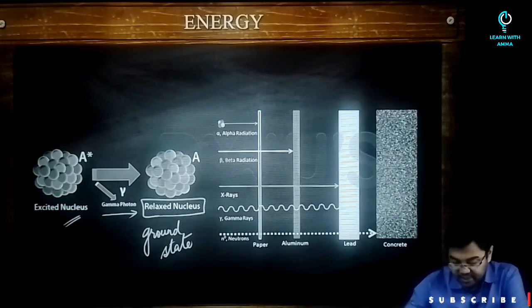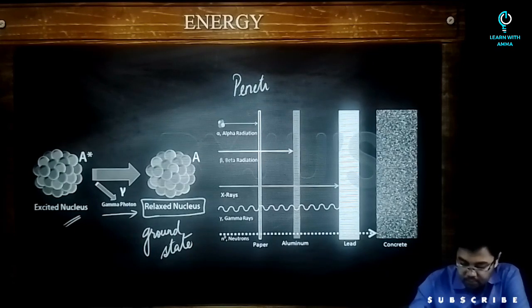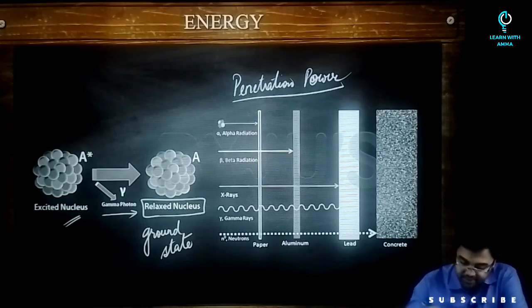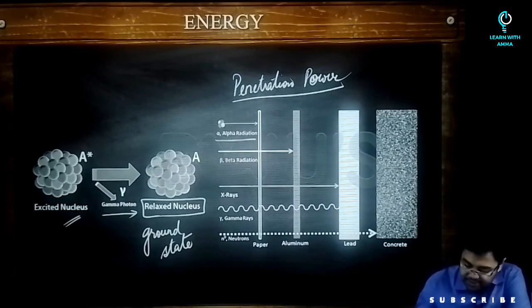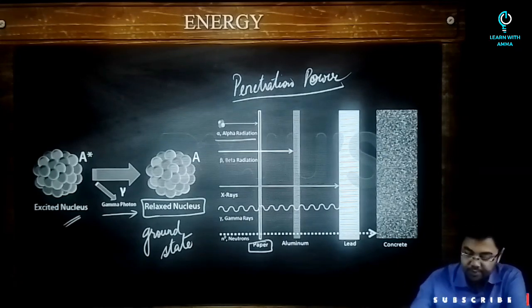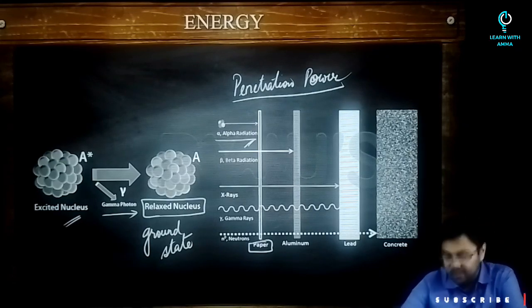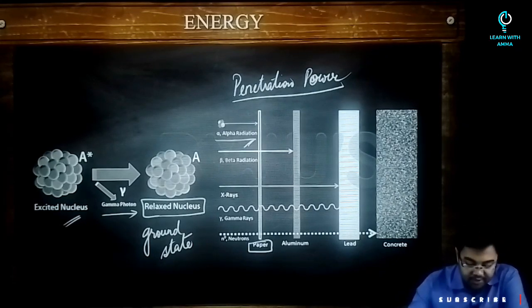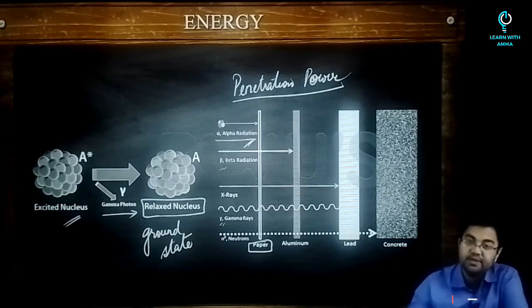Now one more aspect that you should know here is the penetration power of these three kinds of particles that we have. For alpha radiation, even a piece of paper will be able to stop it. But that would not be sufficient for beta radiation or gamma radiation.